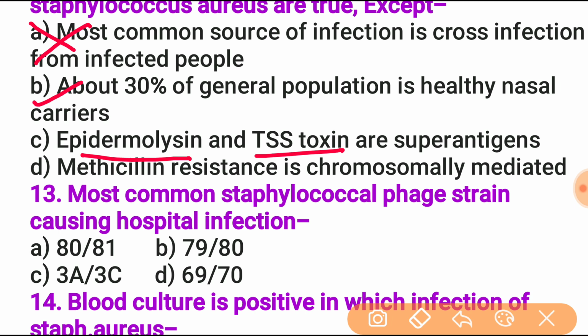This is the right answer. And methicillin resistance is chromosomally mediated. This is also a right option.